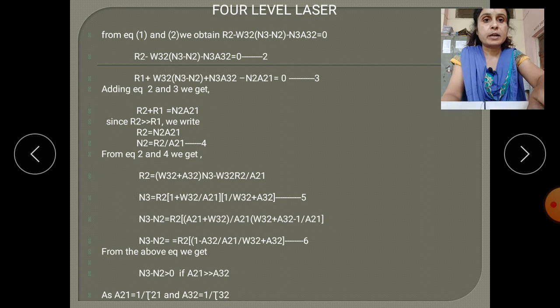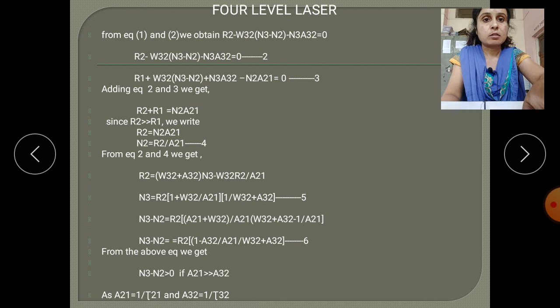Adding the second and third equations, we get R2 plus R1 is equal to N2 A21. That is the population inversion process taking place from the higher energy level to the lower energy level.